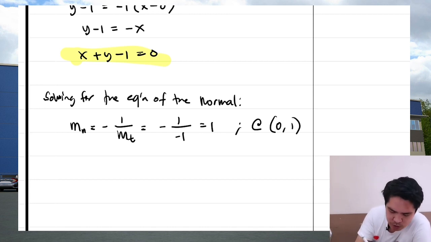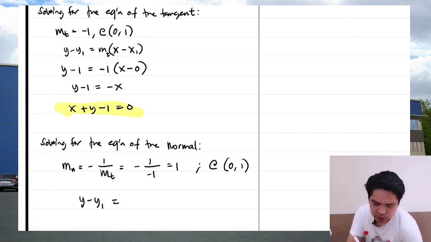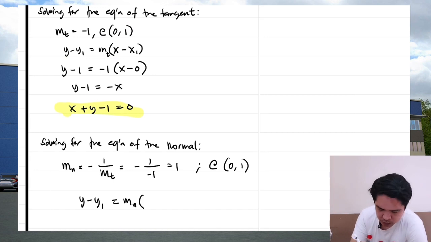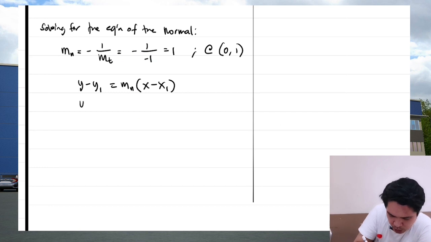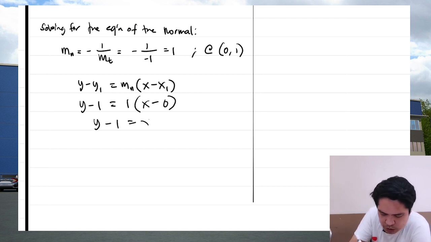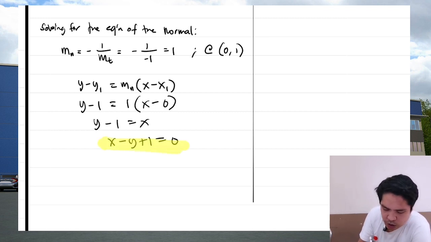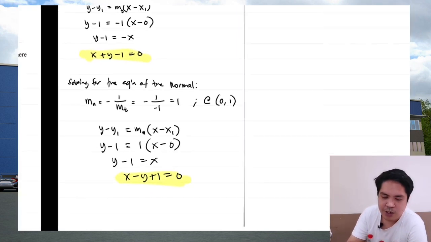So, again, using this same formula, let's just follow, that would be y minus y1 equal to the slope of the normal times x minus x1. Then let's substitute. So we'll have y minus y1, that's equal to positive 1 times x minus 0. So I have y minus 1 equal to x, or x minus y plus 1 equal to 0 is the equation of the normal, the general equation of the normal.